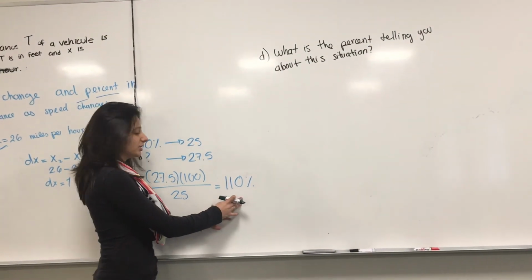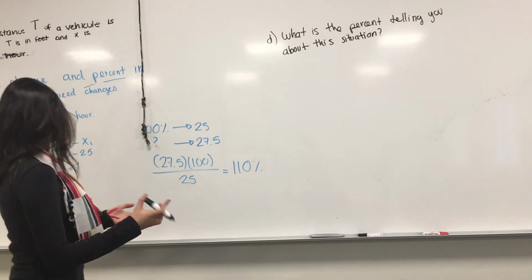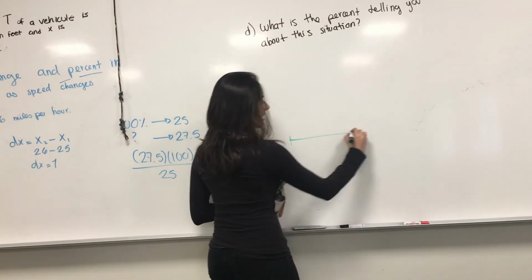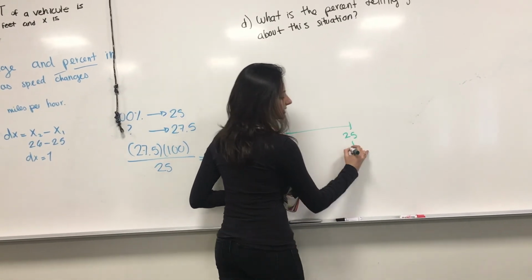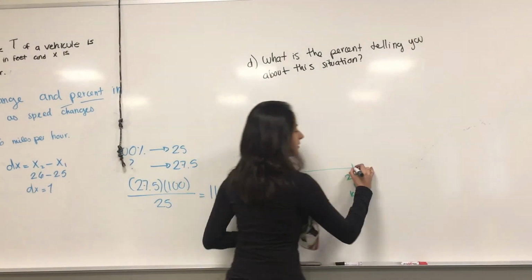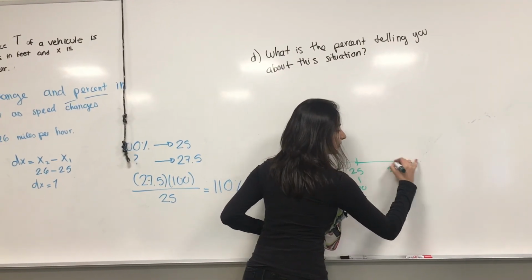But this is not the answer, because the problem is telling you to get the percent in change of speed. So we have a 25, that means that it's 100, but then we get the 27.5.